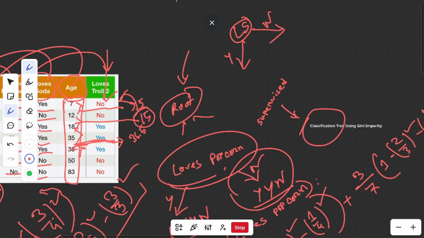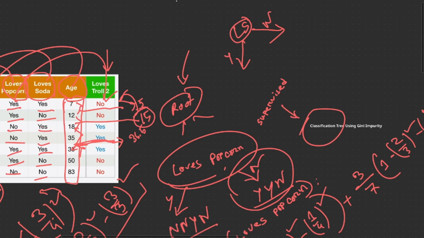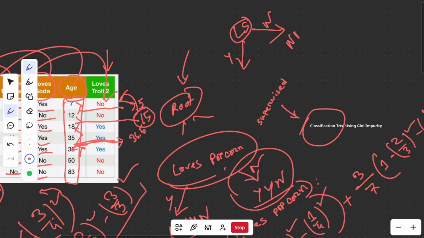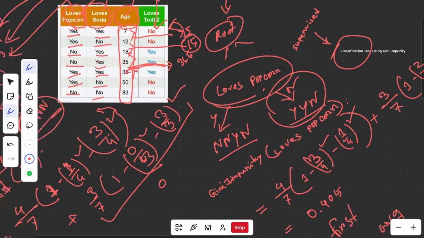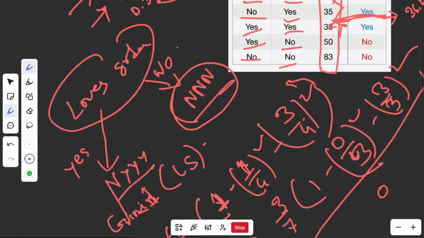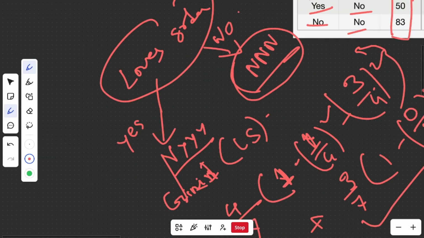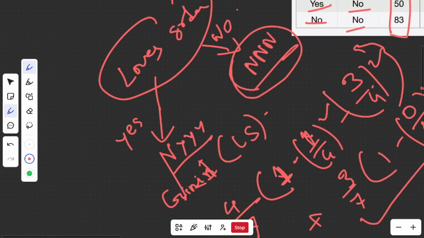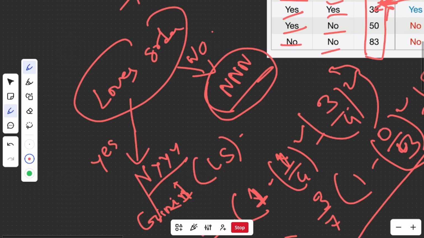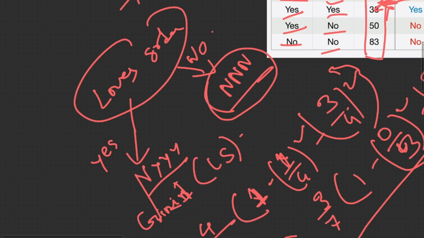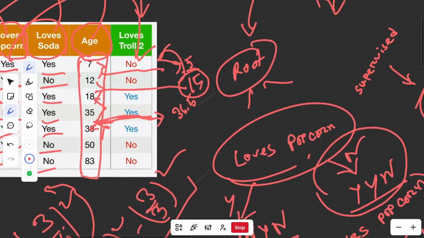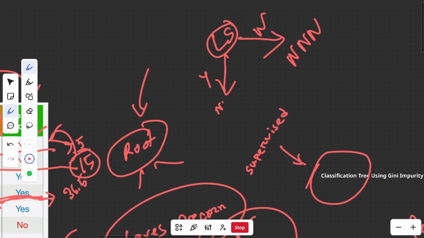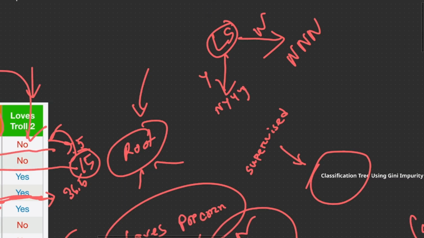Yes, no. Here we have found that no. Where is it? Here it is. So for loves soda, the decisions for no are no, no, no, and for yes they are no, yes, yes, yes. So this is how we found the root node.